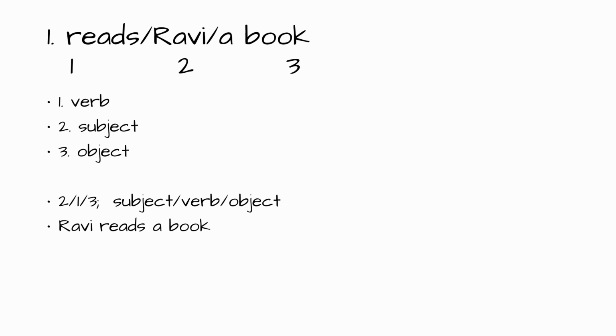Subject, verb, object. Then what is the subject? Ravi. What is the verb? Reads. What is the object? A book. So now it has become: Ravi reads a book. This is a grammatically correct, meaningful sentence.